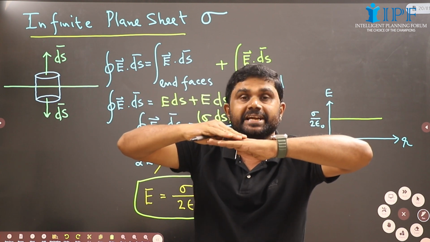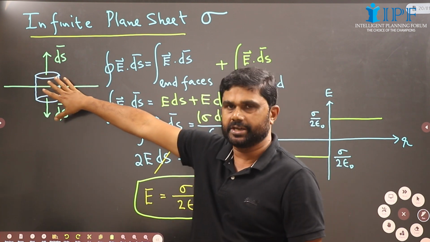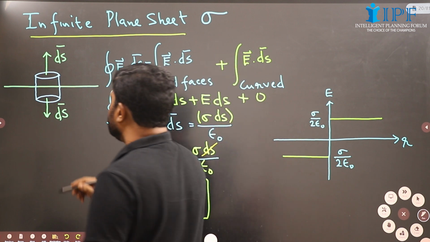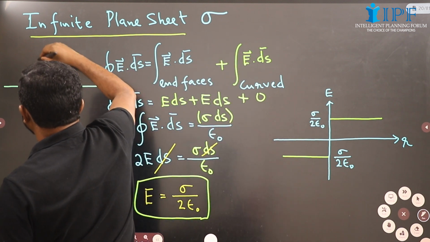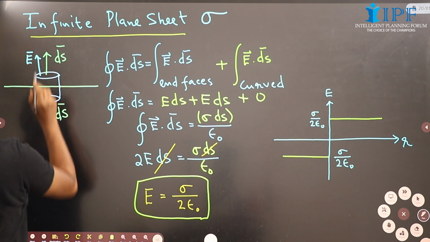Half of the Gaussian cylindrical surface is above and half below, as shown here. If we take the end faces, dS is along the outward normal and the intensity of electric field is also along the same direction.